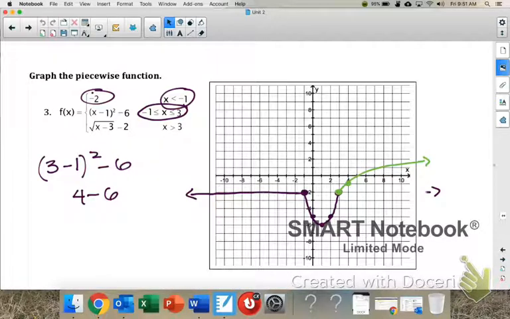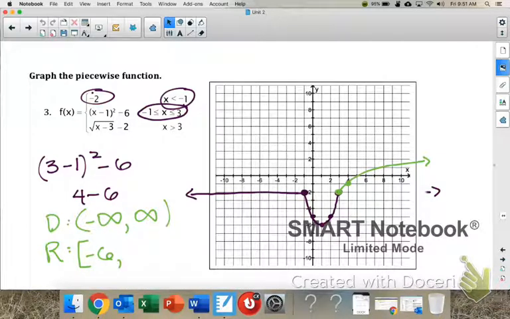You could then state the domain of this. The domain of this function would be from -infinity all the way out to infinity because there's no breaks. In this case, the range, the lowest y value for this one would be -6, and it would continue all the way out up to infinity.